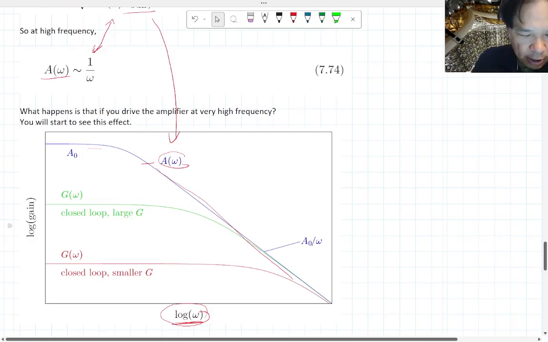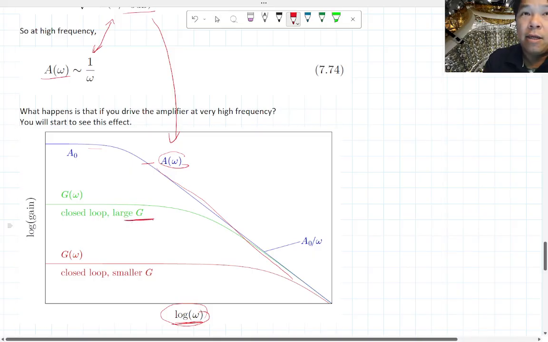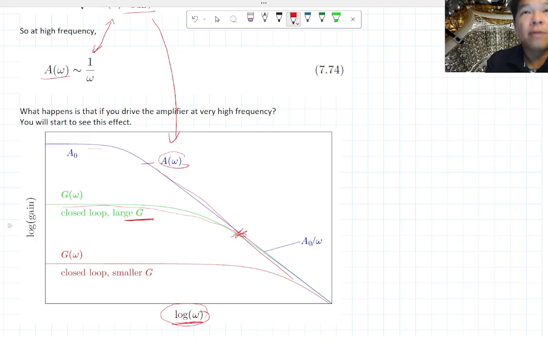So if you have an amplifier that has a large design gain, as you increase the frequency, you're going to hit this limitation of your open loop gain sooner. If you keep your design gain at a smaller level, you'll hit this later.